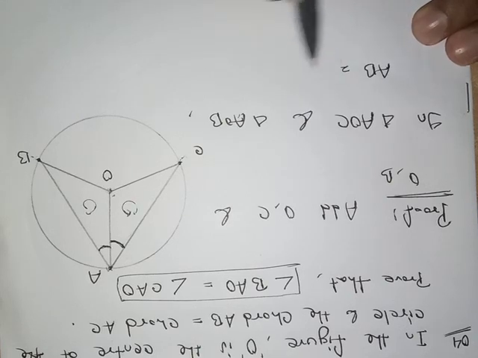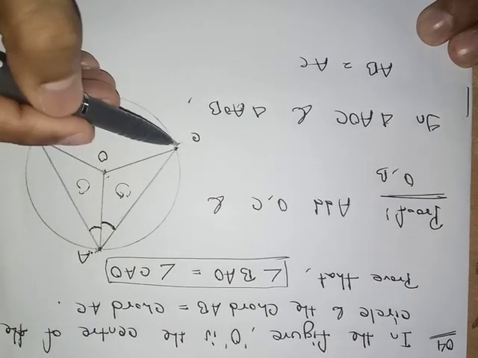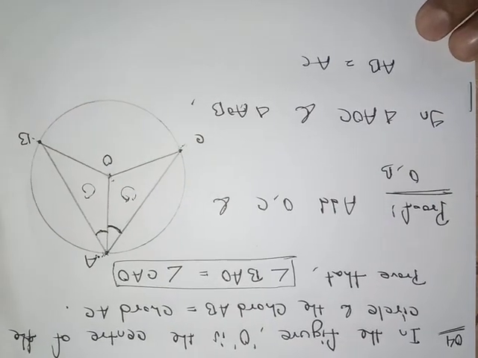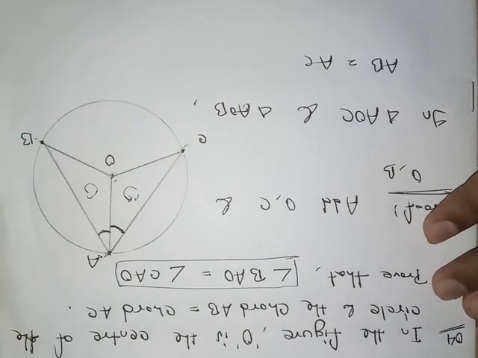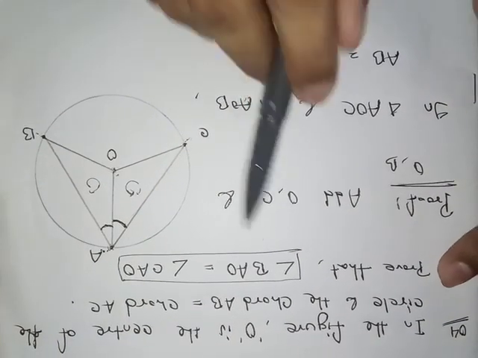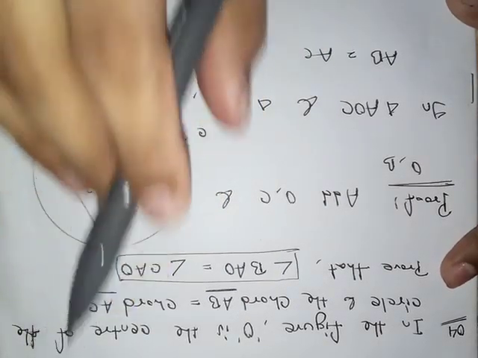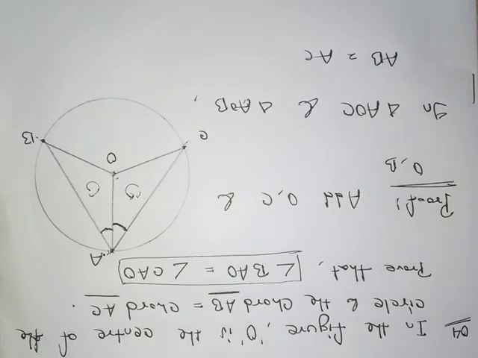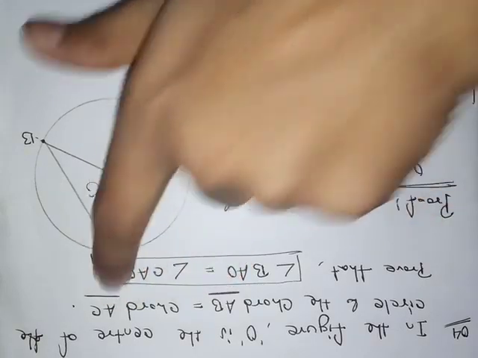AB is equal to AC. How can we say this without any proof? Because this is given in the statement. AB is equal to AC. So we don't need any proof between AB and AC.